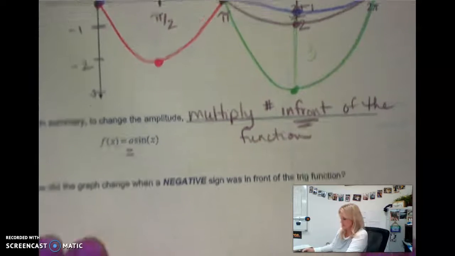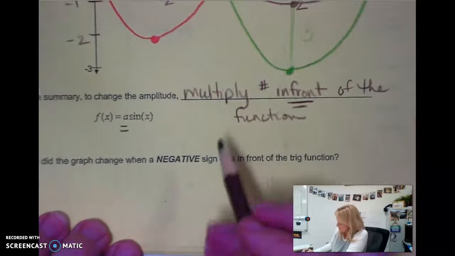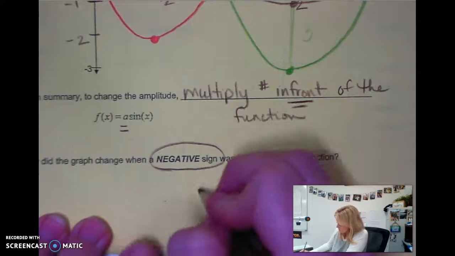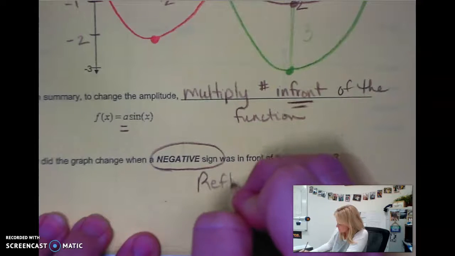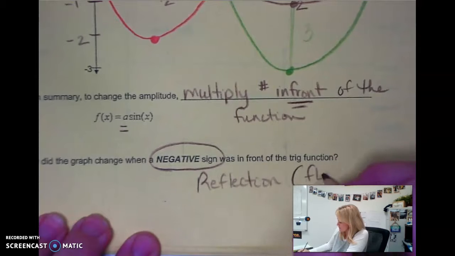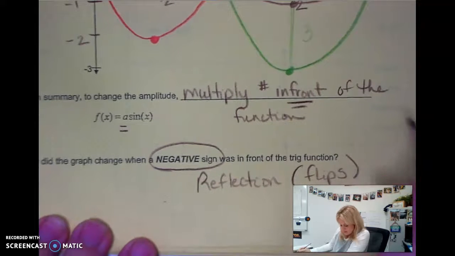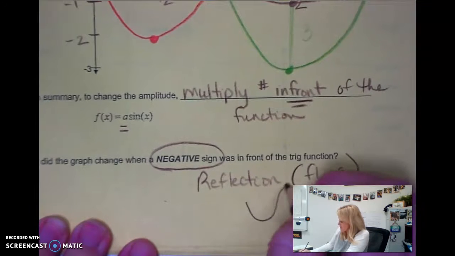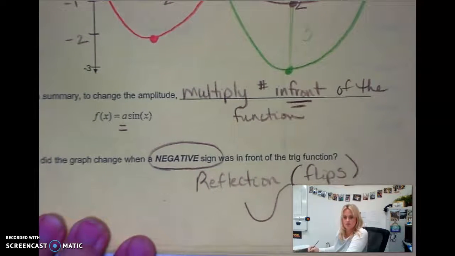And then we talked a little bit already about what a negative sign does in front of the function. It is a reflection, or in other words, it flips the function. So instead of going up, it goes down first with the sine wave.